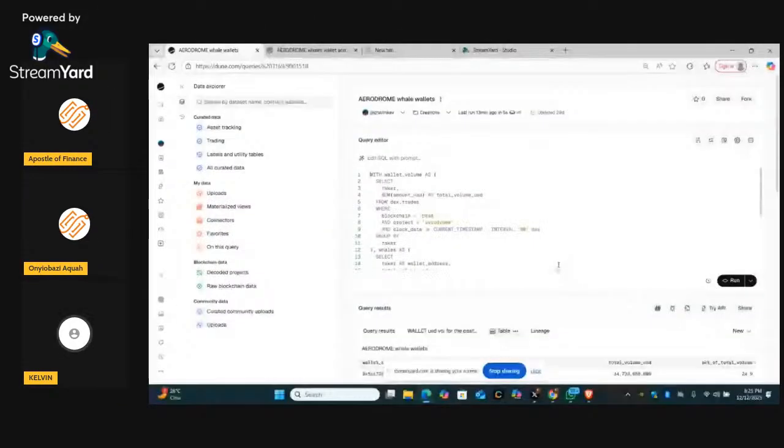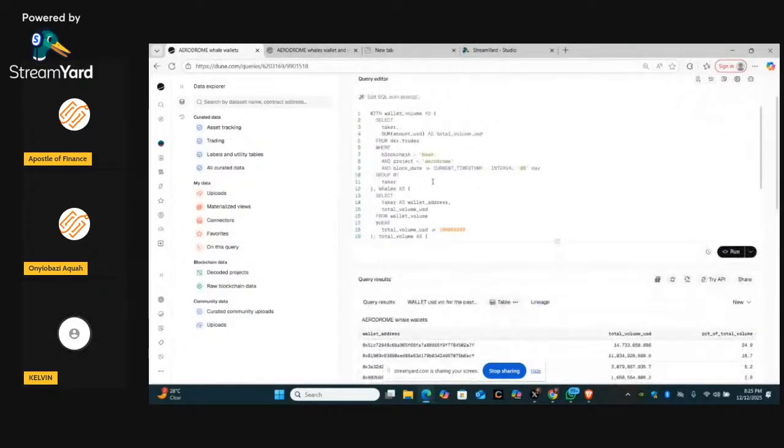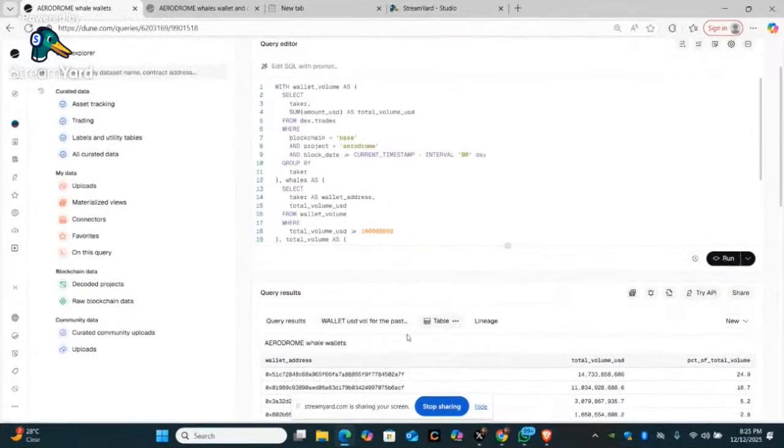So this query now brought out wallets that have contributed the most in Aerodrome.